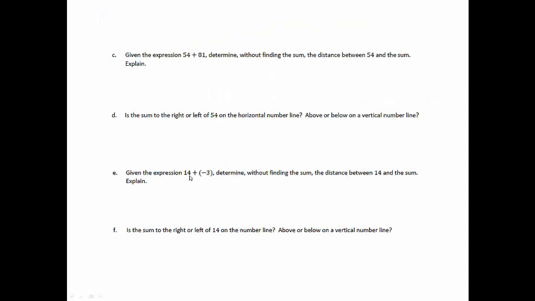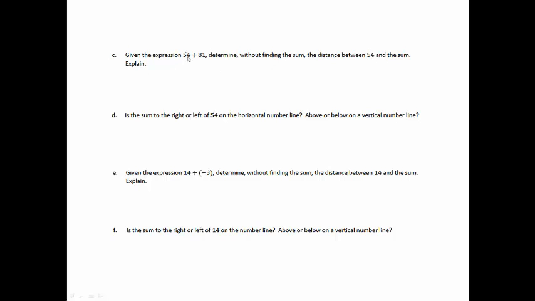Let's look at a few more examples and work it out. In Part C, given the expression 54 plus 81, they want us to figure out, without finding the sum, so without adding them together, the distance between 54 and the sum.